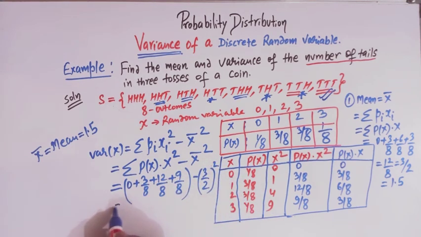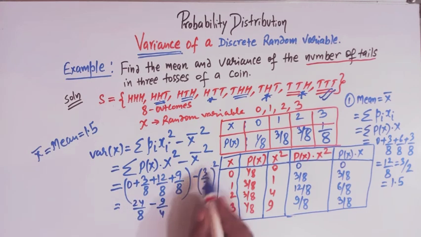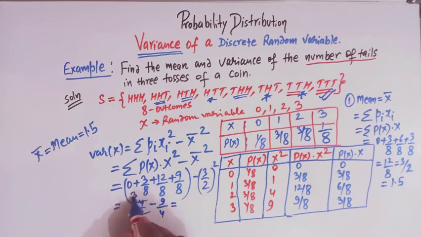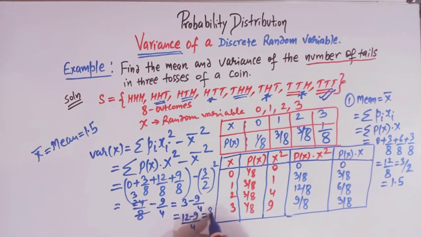If we add these, 3 plus 12 is 15, plus 9 is 24 by 8, which is 3, and 3 by 2 square is 9 by 4. So this is 3 minus 9 by 4, and 4 3s are 12, so 12 minus 9 by 4 is equal to 3 by 4.